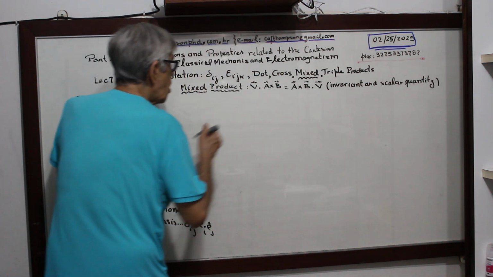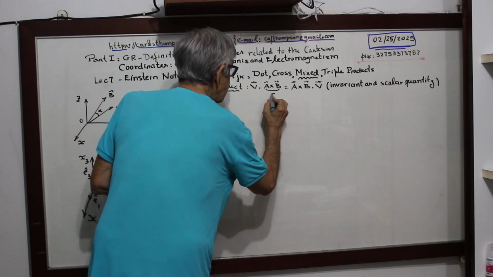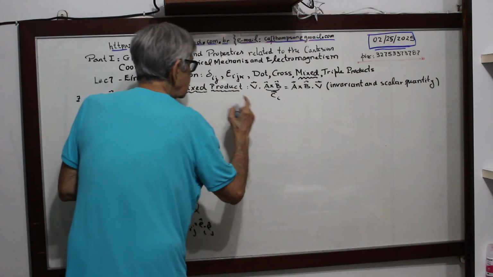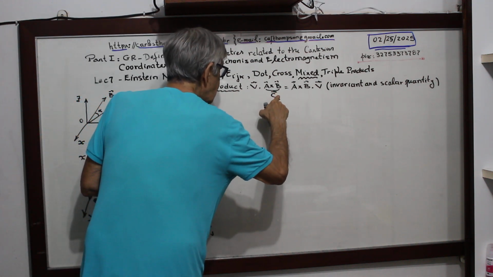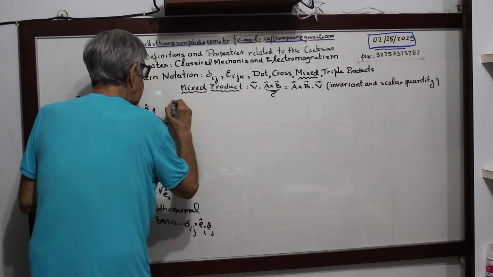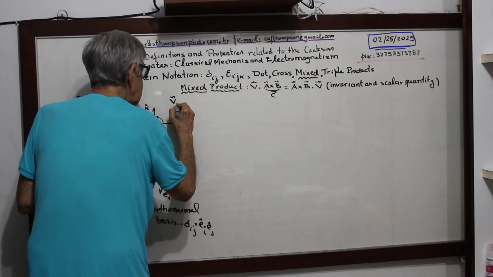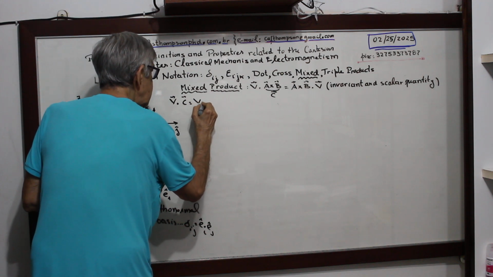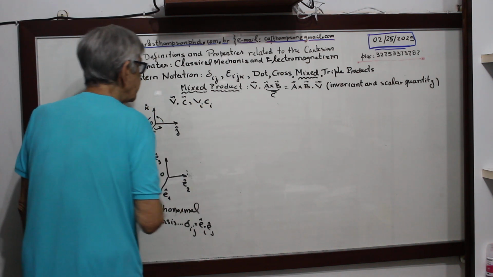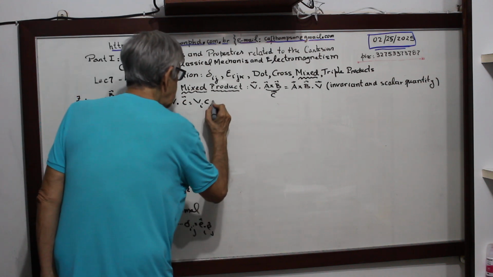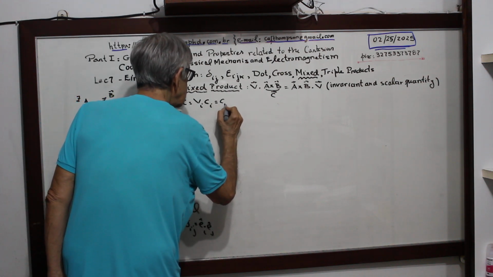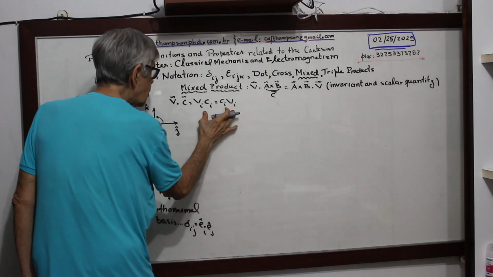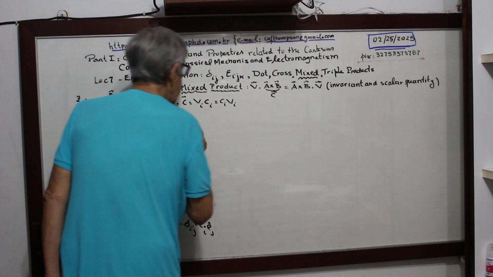Now, I'll call this here vector c. So v dot c is equal to v_i c_i. Okay. Is equal to c_i v_i. This is a scalar quantity, invariant.